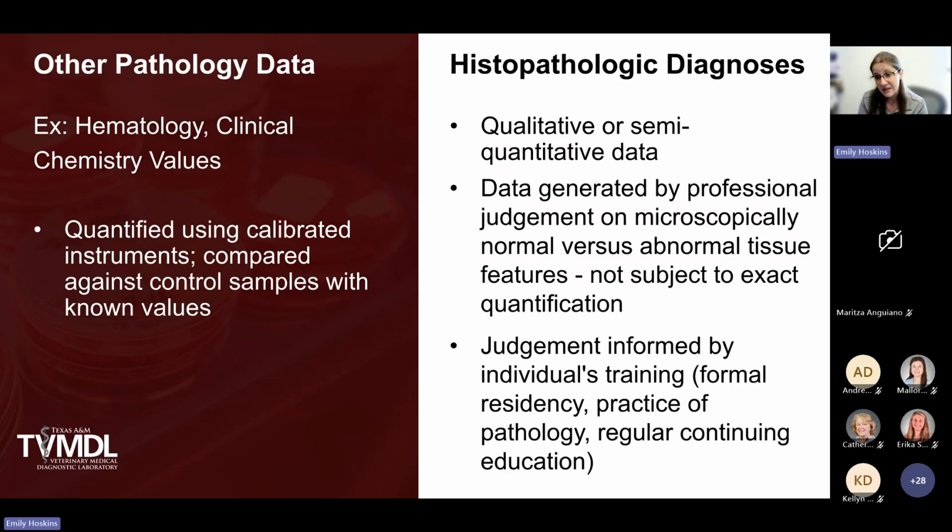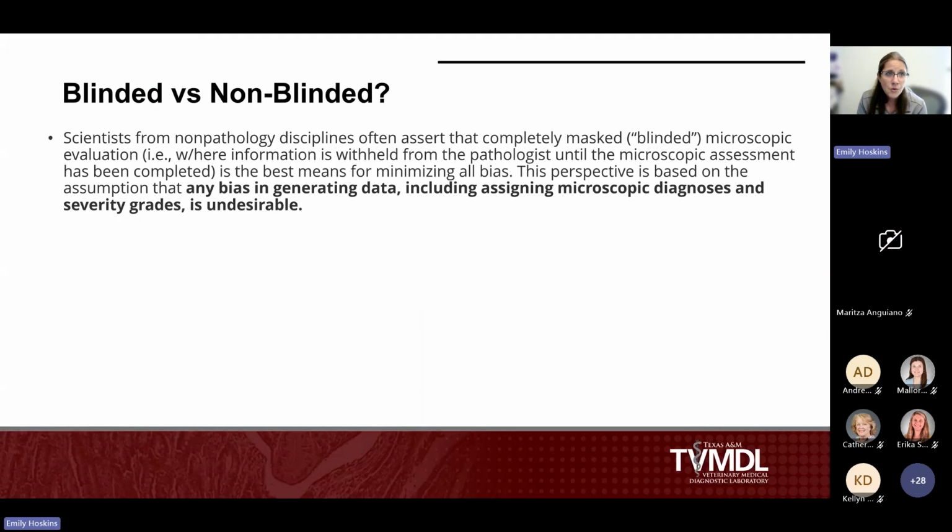And then that judgment is informed by that individual's training. So their residency program, the continuing practice of pathology, their experiences, as well as regular continuing education. So in discussing blinded versus non-blinded, scientists from non-pathology disciplines will often say that completely masked or blinded is always going to be better because it's the best means for minimizing all bias.